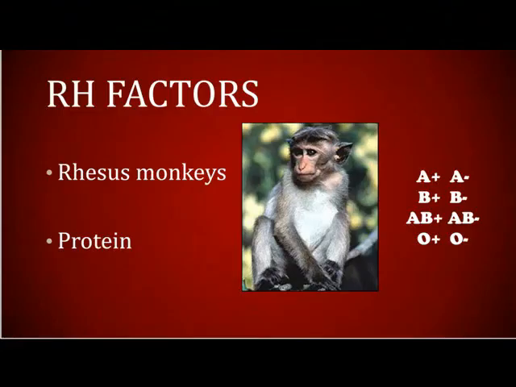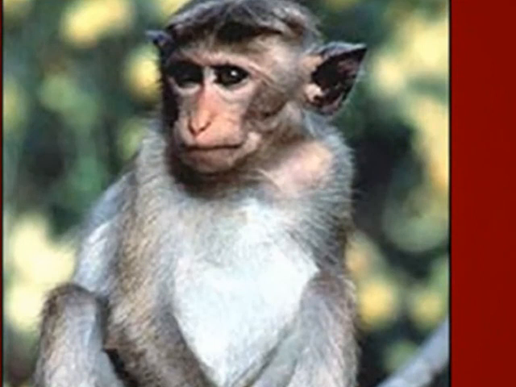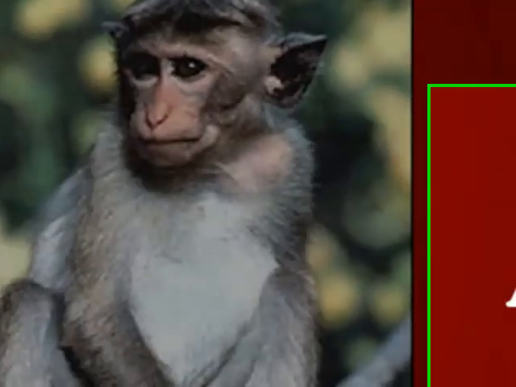During our lab today, we will be studying Rh factors also. Scientists sometimes study rhesus monkeys to learn more about the human anatomy because there are certain similarities between the 2 species. While studying rhesus monkeys, a certain blood protein was discovered.